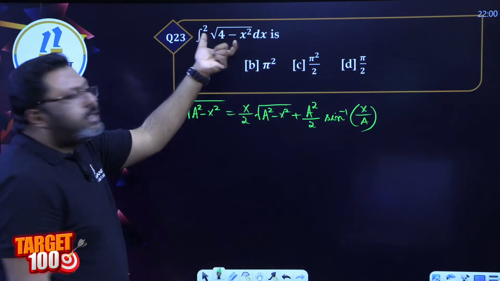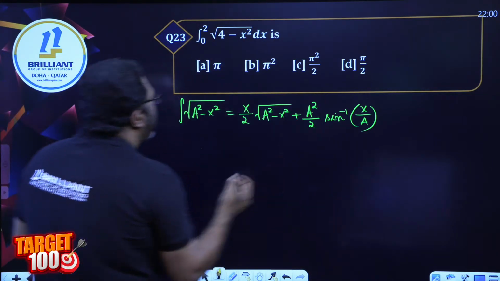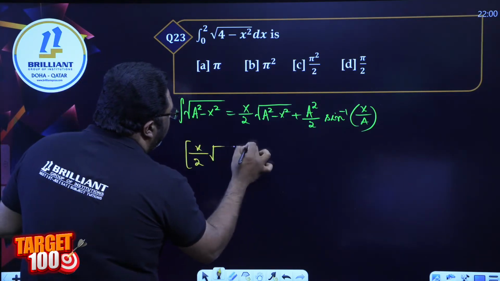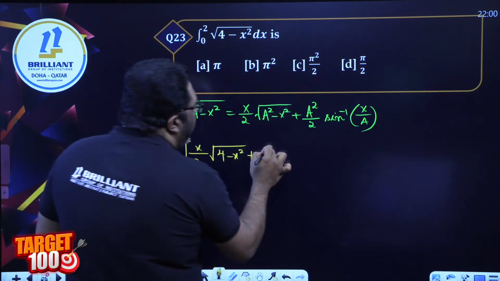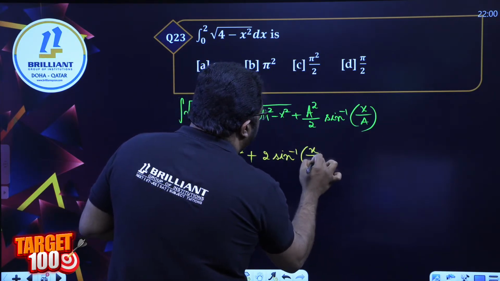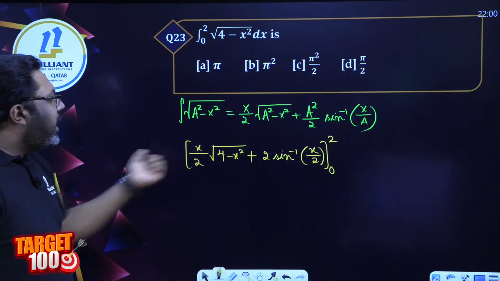Apply this formula inside the integral, all of you. So the question will give you the answer as x by 2 root of 4 minus x squared plus 4 by 2 sine inverse x by 2, from 0 to 2. Apply the limits, all of you.